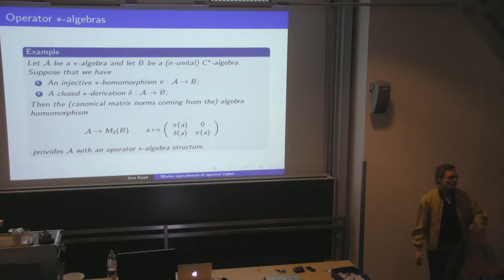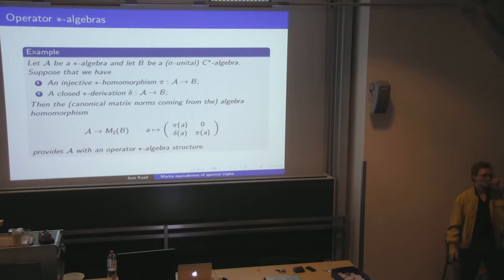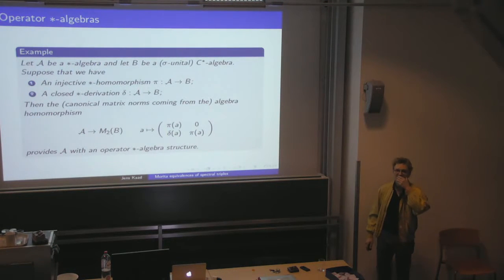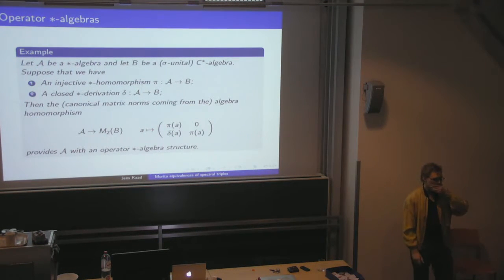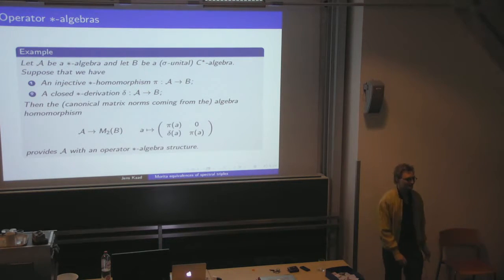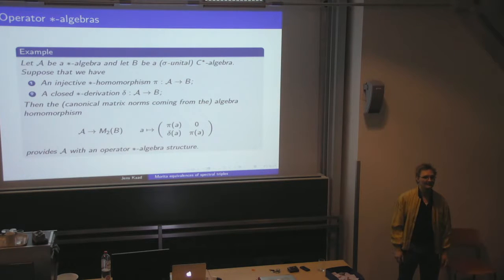Yes, when you talk about derivation from A to B, I guess it involves pi. Yes, yes, yes. B is a bimodule over A. Well, it's a bimodule over A, so then I can talk about derivation. No, the derivation is already closed.